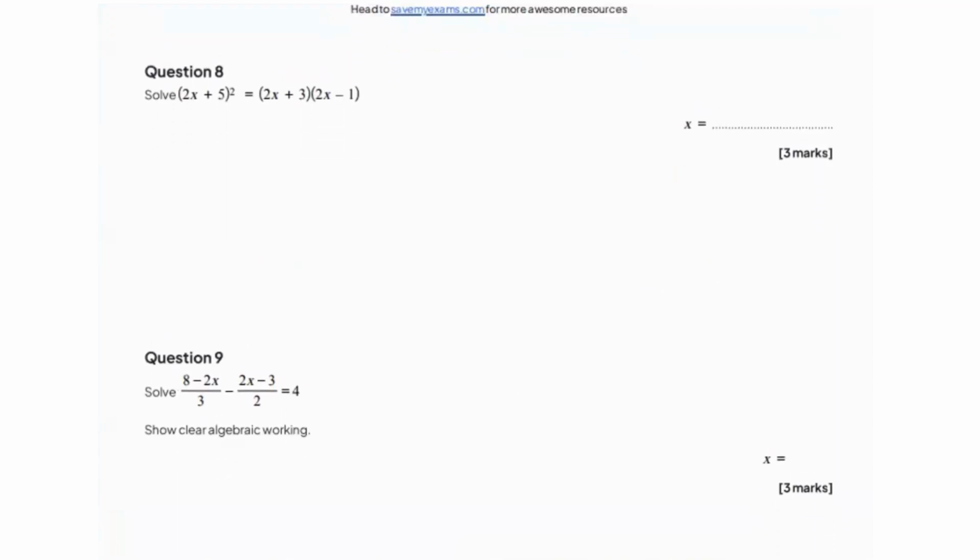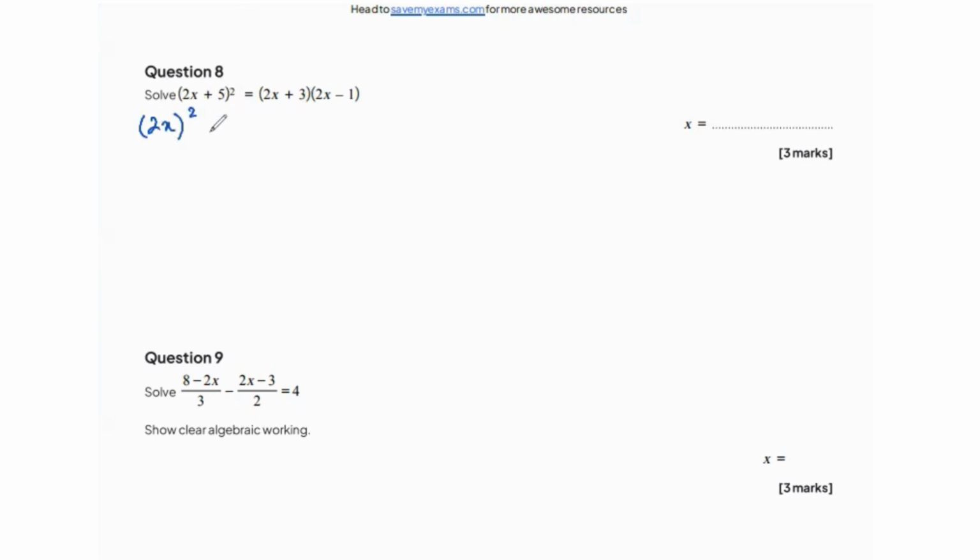Question number 8 says solve 2x plus 5 whole squared equals 2x plus 3 times 2x minus 1. So what we'll do is expand the bracket on the left hand side and right hand side. For the left hand side, we can use the formula a squared plus 2ab plus b squared.